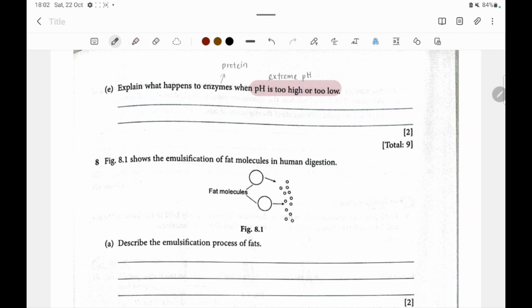So in extreme conditions proteins will denature. When denature occurs, the shape of the bonds will change. So the most important part for enzymes will be active site. That's why this one is related to chapter 4 and chapter 5. So let's write the answer.